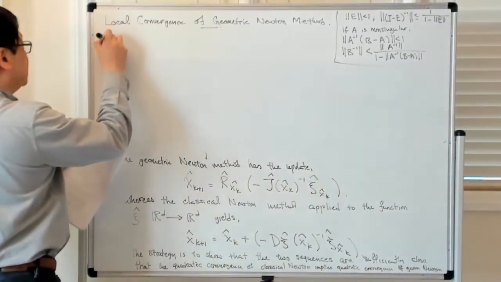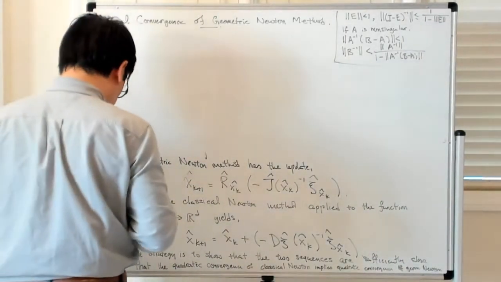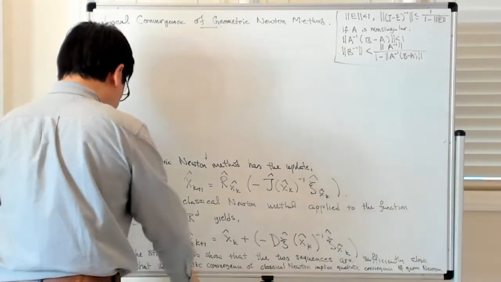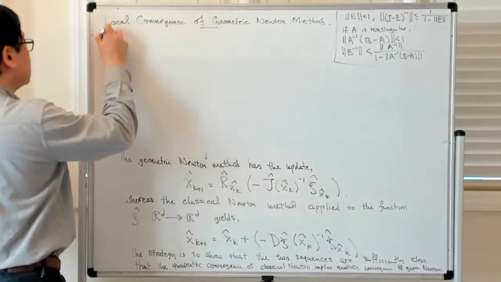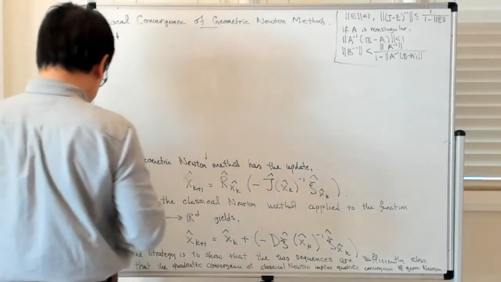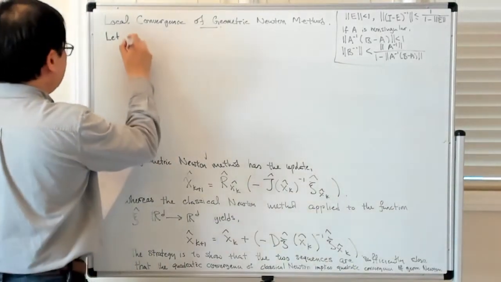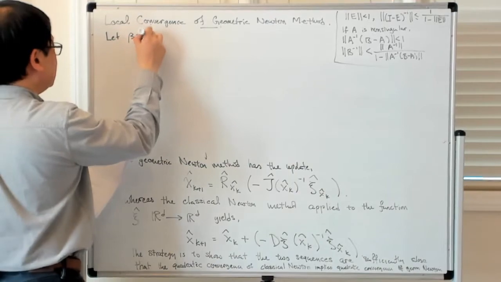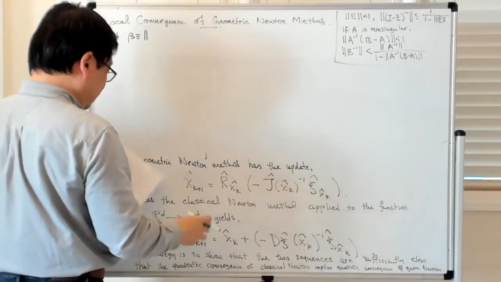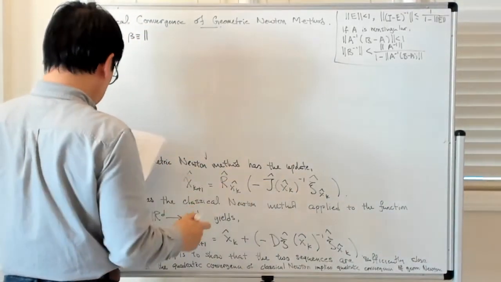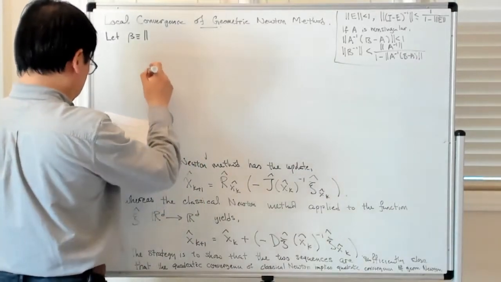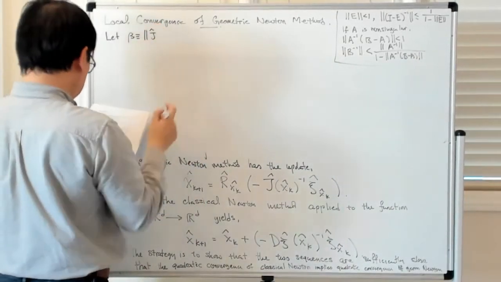Okay, so I'm going to let beta be the operator norm of the inverse of the Jacobian operator in this local coordinate chart.